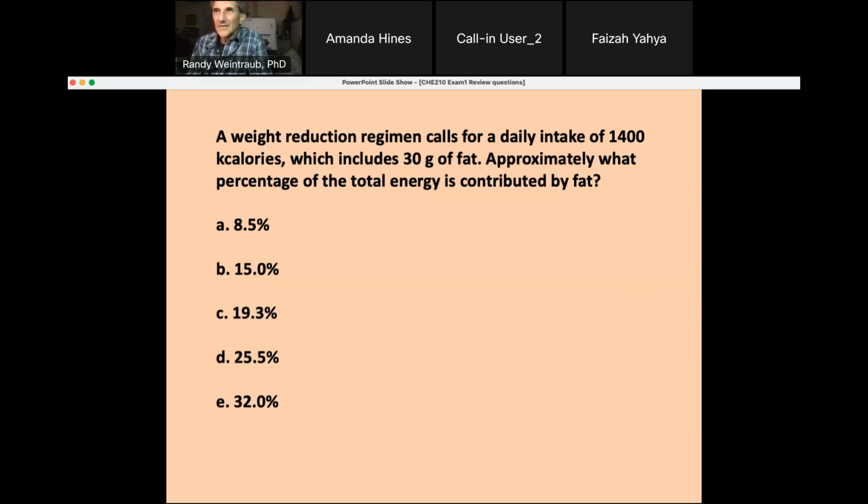And that's what you'd need to apply here to this question. So a weight reduction calls for a daily intake of 1,400 kcals, which should include 30 grams of fat. What's the approximate percentage of total energy attributed to the fat?